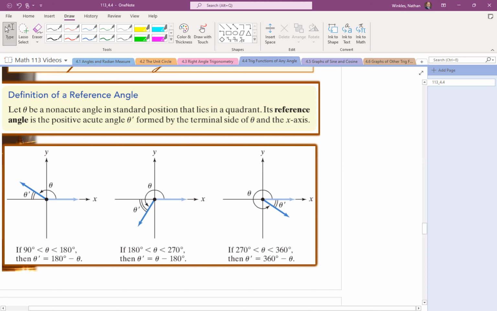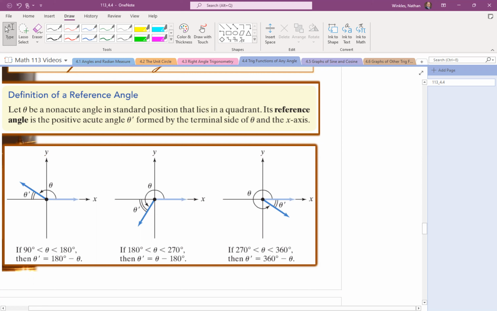Given any angle that's not on one of our poles, so not on pi over 2, pi, 3 pi over 2, or 0 or 2 pi, we also need our angle not to be in the first quadrant, because all of our reference angles are between 0 and 90 degrees. So we have 3 cases because we have 3 other quadrants.